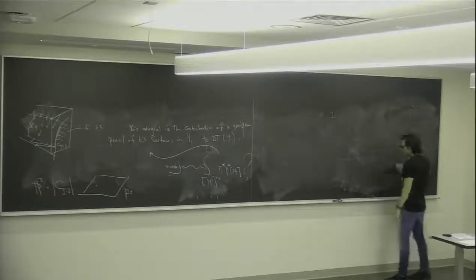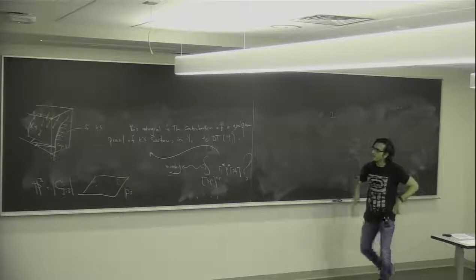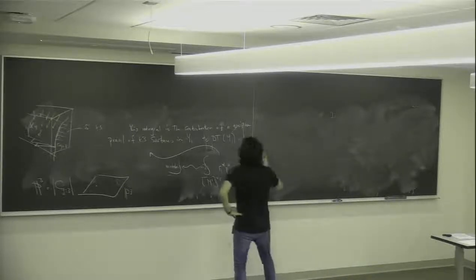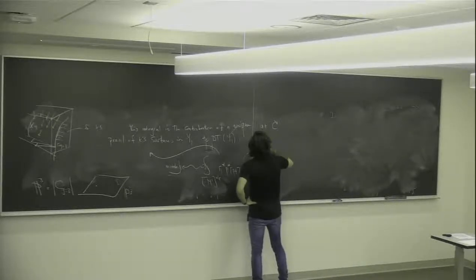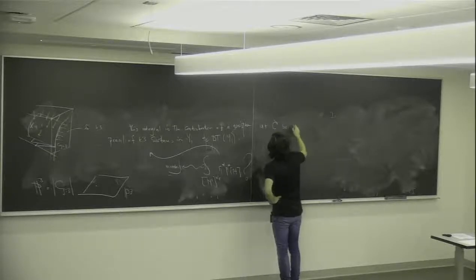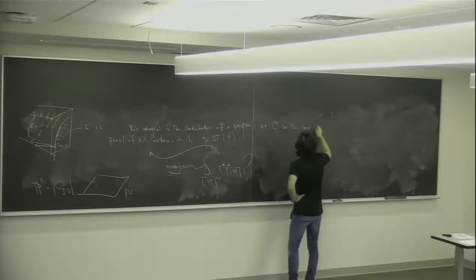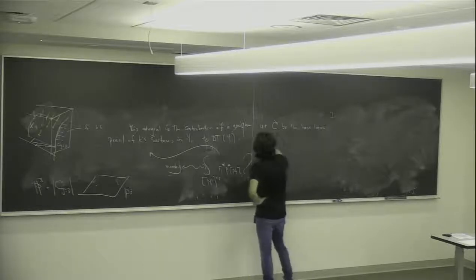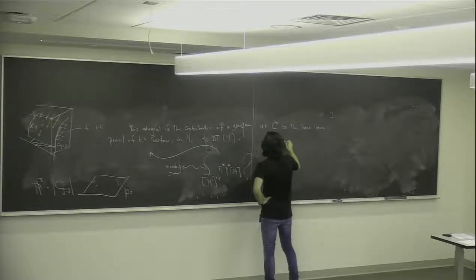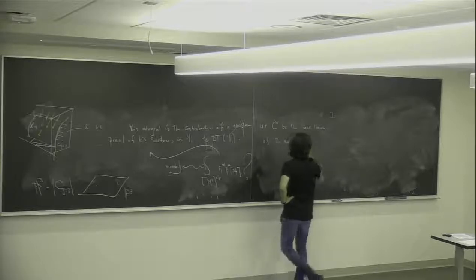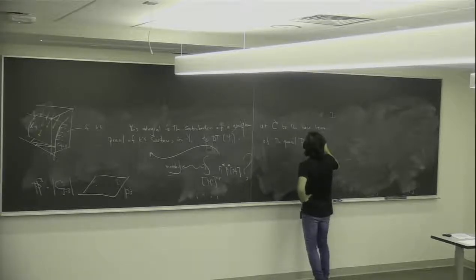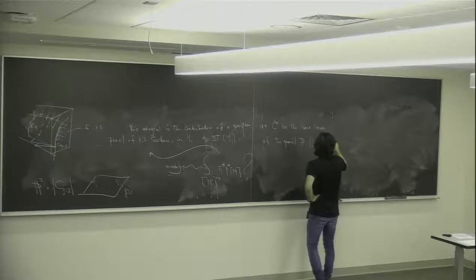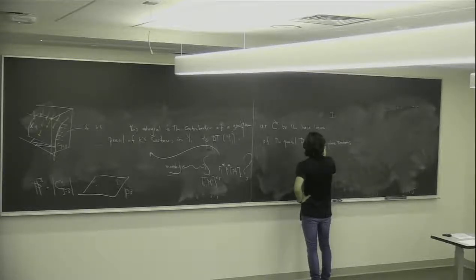Okay, so that's that. And now, why is this modular? Let C be the base locus of the pencil P of hyperplane sections obtained above.